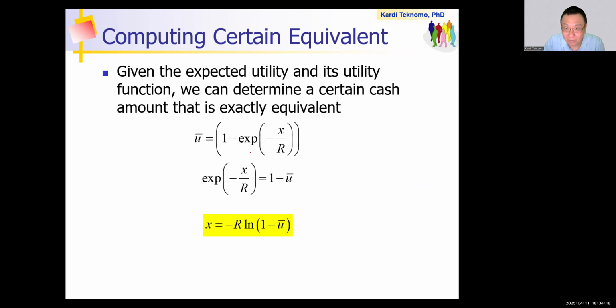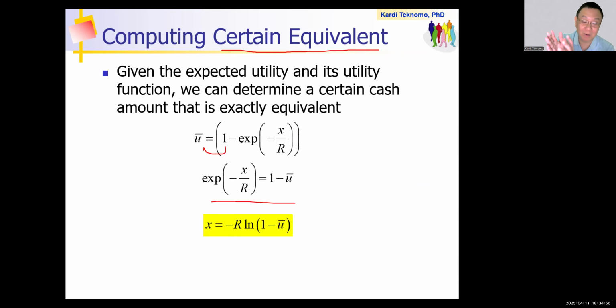So this is the formula for utility. Then I can put this on the other side, this one going there, so we have this value. Then we can calculate the X here. Given the utility, you can actually compute the payoff. This payoff now becomes the certain equivalent. Is this clear or not?